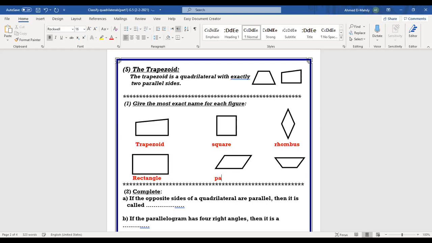Parallelogram. Yes. Okay, the next one, Mamdouh. What is the name of the last figure? Trapezoid.